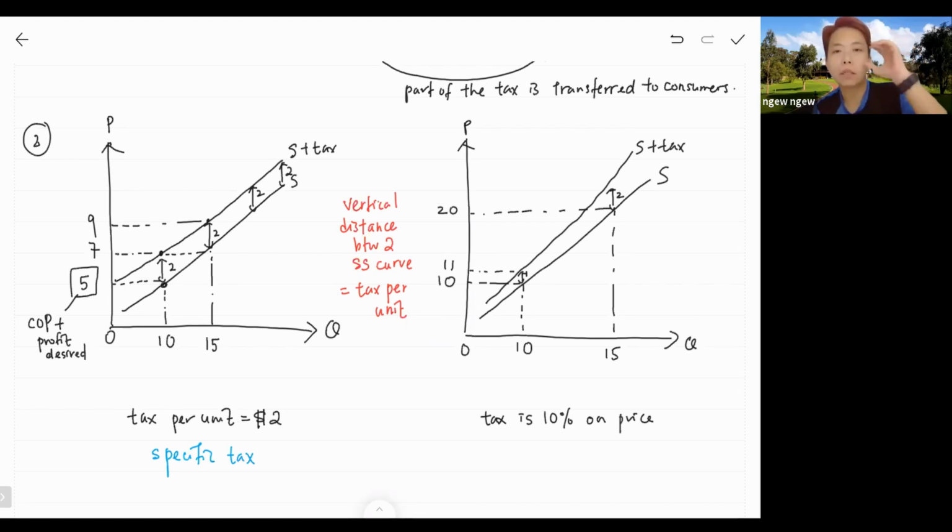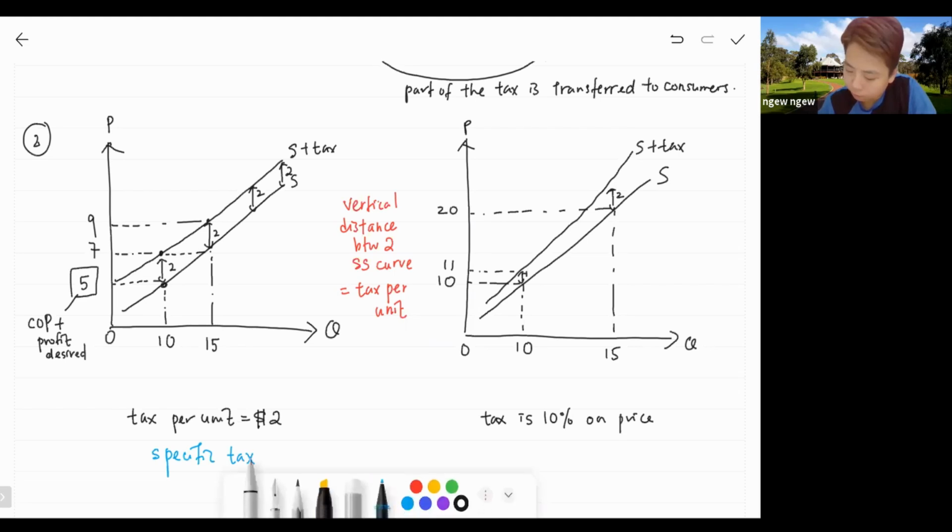When the price is $30, the tax is $3. So the distance will diverge. This kind of tax system, we call the ad valorem system. This is ad valorem indirect tax.